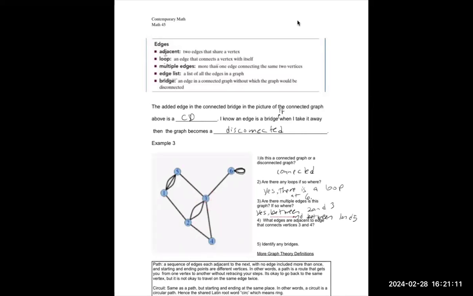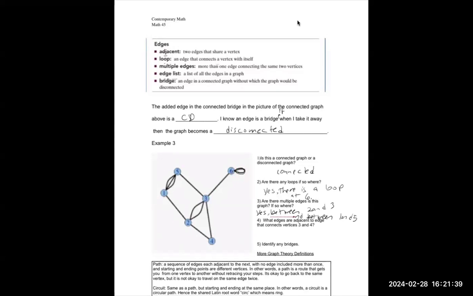But the only one that we have a vertex here that there's only one way to get to it, and that is by way of 3, or by way of itself, which kind of sort of doesn't count when we're talking about bridges, right? Because if I take this away from 3 to 6, 6 can be connected to itself, but it would not be connected to anything else in the graph.